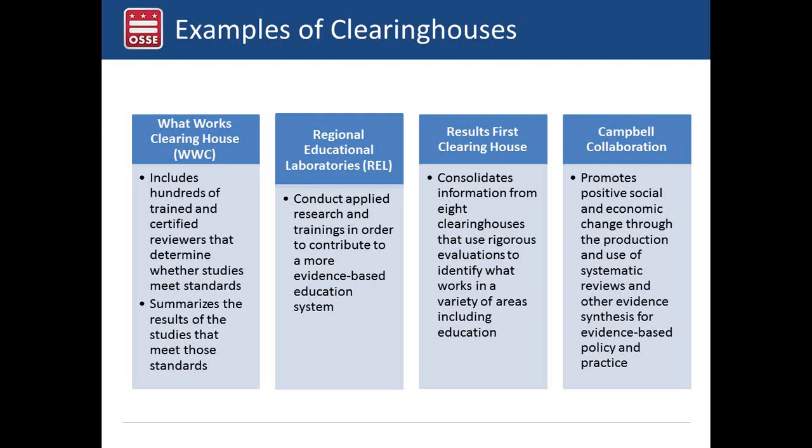This entity reviews research that has already been done, and it's on a wide range of academic and behavioral studies. They review the studies to determine the soundness of the research and that the intervention, curriculum, and strategy does what it says it does for specific populations.